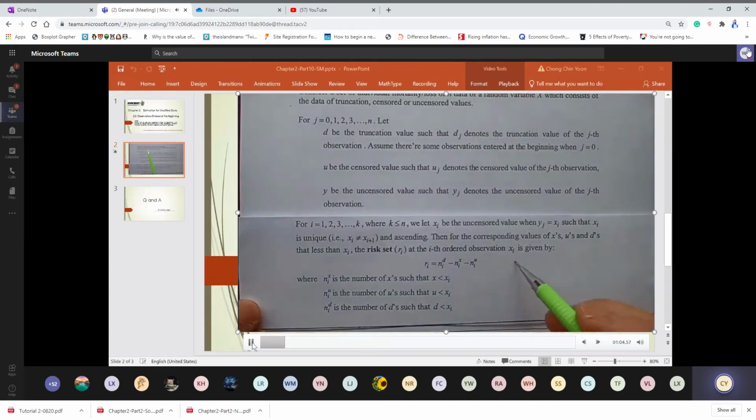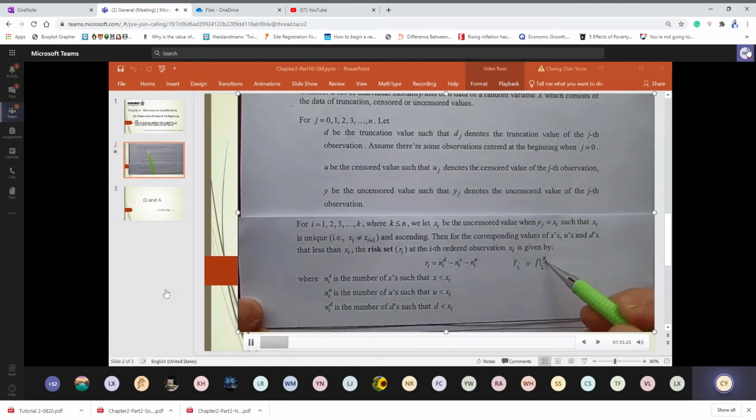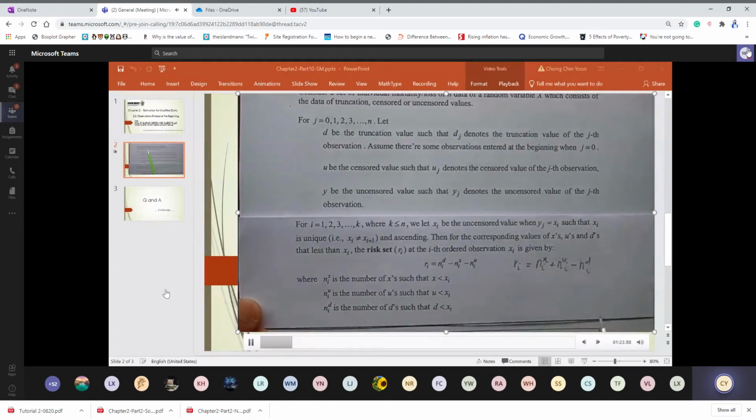Previously we learned the reset value equals the conditional frequency of x plus the conditional frequency of u minus the conditional frequency of d. So this is the formula that we have learned before. And now we try to learn this formula, that is we take this minus these two.